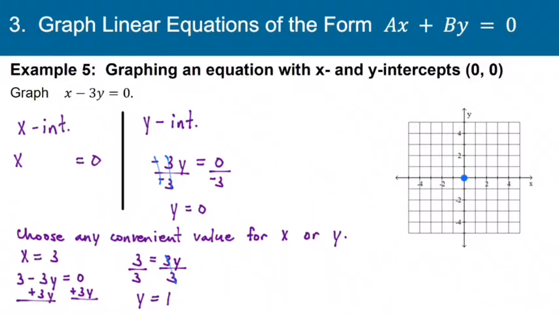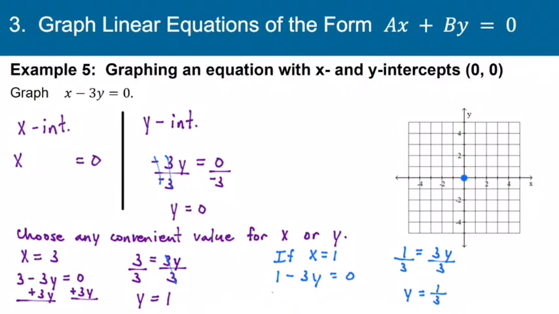Now I told you just a minute ago that I chose x equals 3 for a reason, and that reason is that it was convenient for me. Suppose I had let x equal 1, then I would have gotten 1 minus 3y equals 0. Add 3y to both sides, and I would have had 1 equals 3y, and divide both sides by 3, and I would have gotten y equals 1/3.